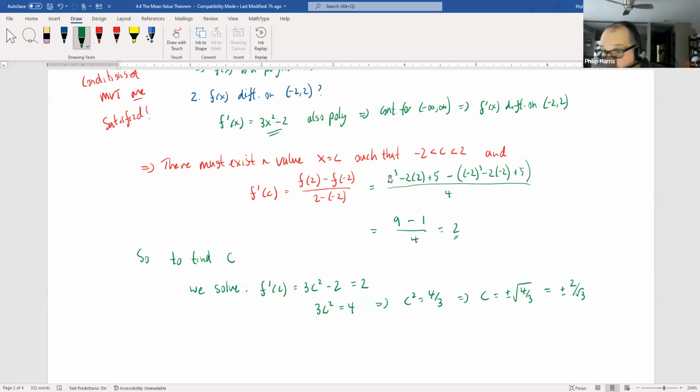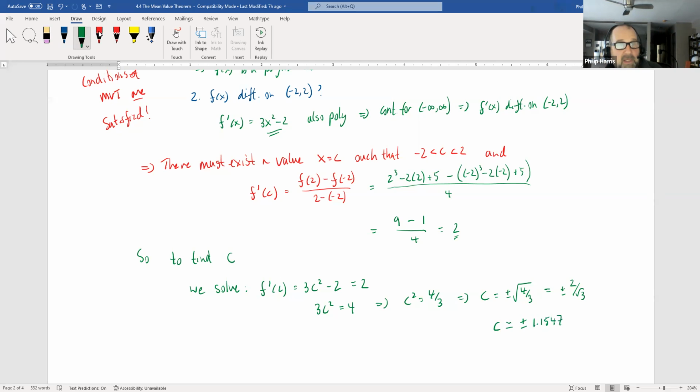So we do have 2 c values here. I have to check whether they are in the interval or not, but at least one of them has to be. Again, to check if they're in the interval, it's probably helpful to turn them into decimal numbers. I get these to be plus or minus 1.1547.